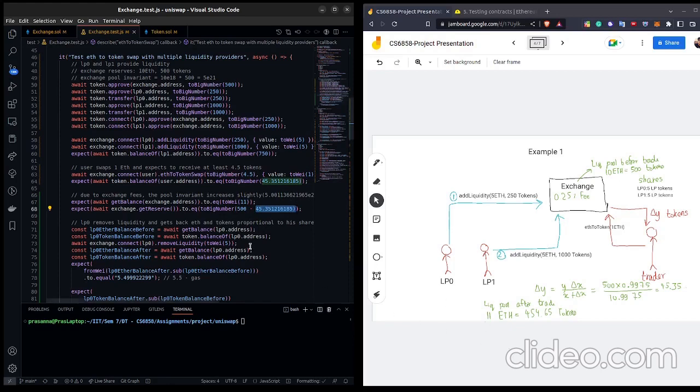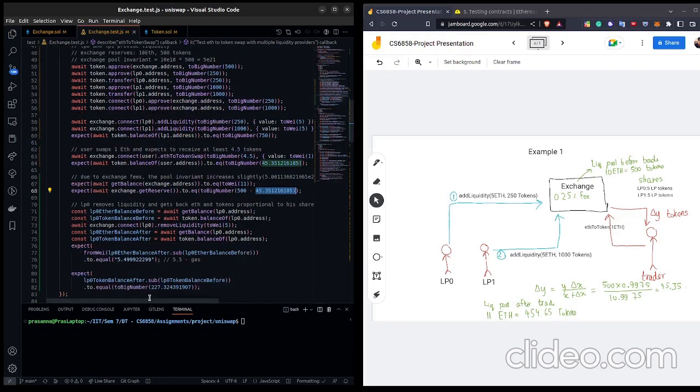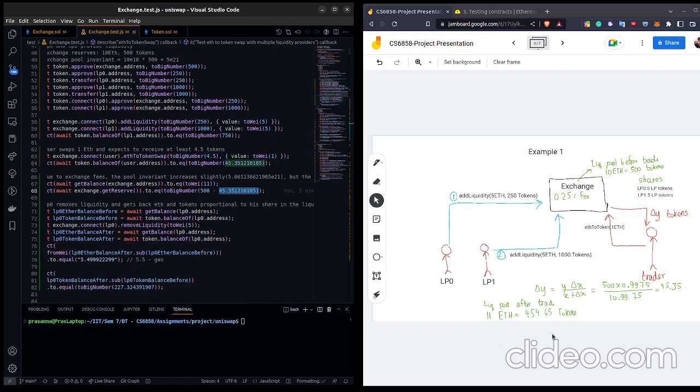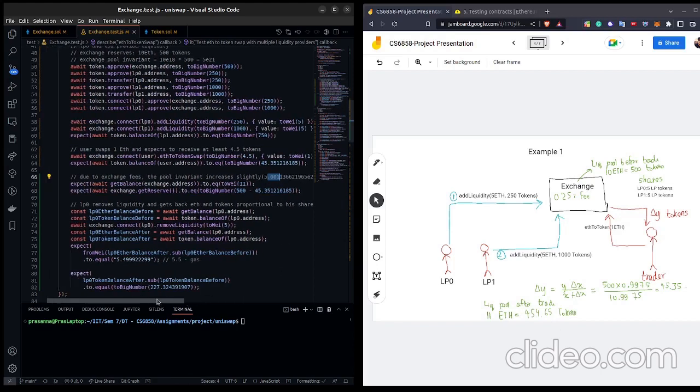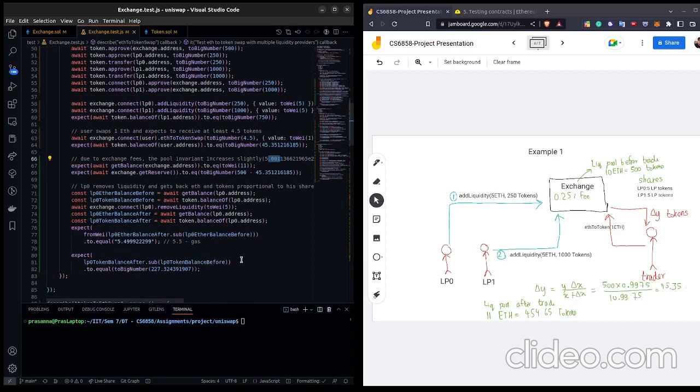So one thing which we can see is, as expected, the exchange invariant increases from 5000 to around 5001. This increase is not significant, but it is an incentive, which, while removing the liquidity, will be divided proportionally among the liquidity providers.